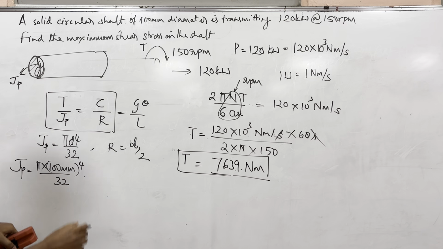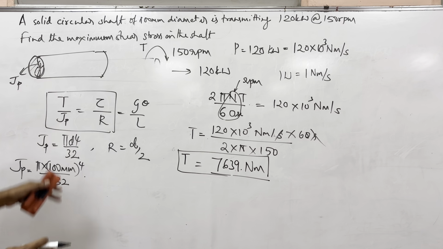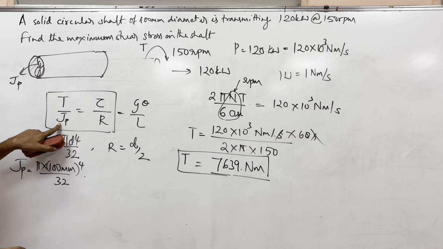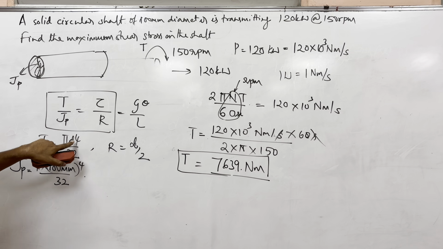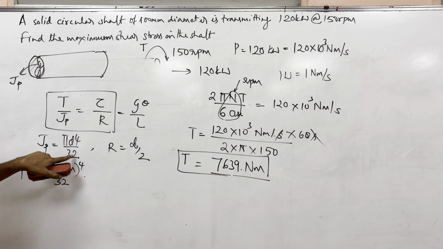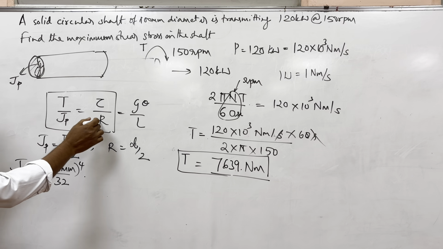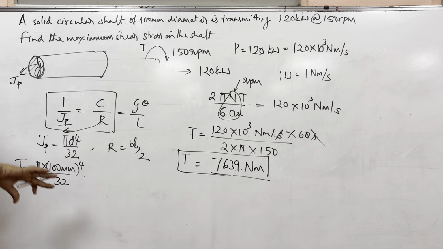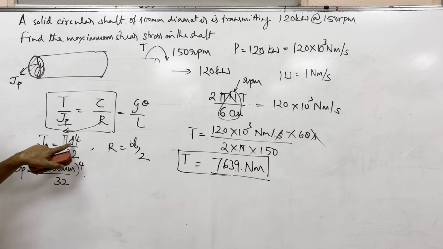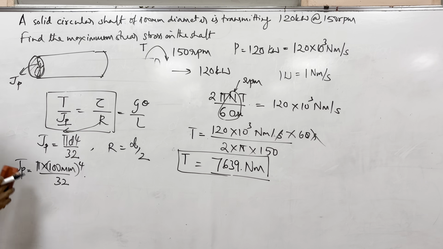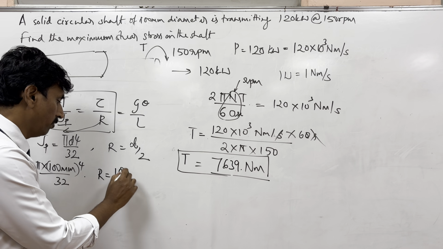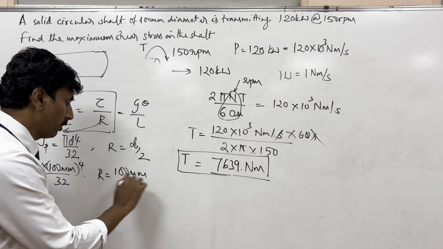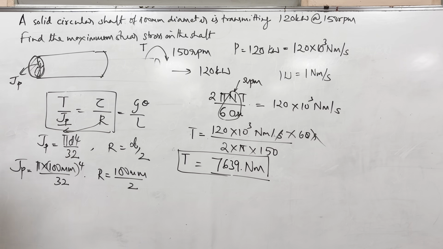Suppose you don't want to substitute here, you can cancel out this R and this D, and it becomes pi d cube divided by 16. So it will be easy for you. It's left to you how you do it. Some people do it this way, some people do it that way.